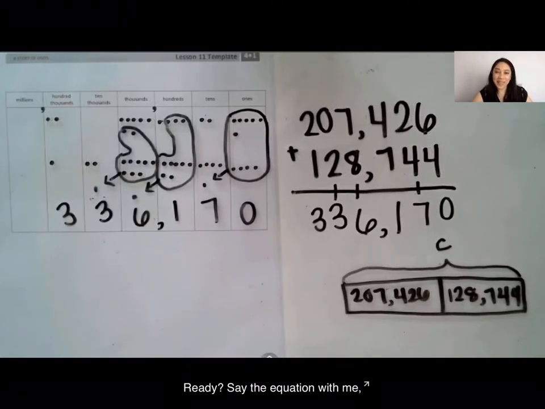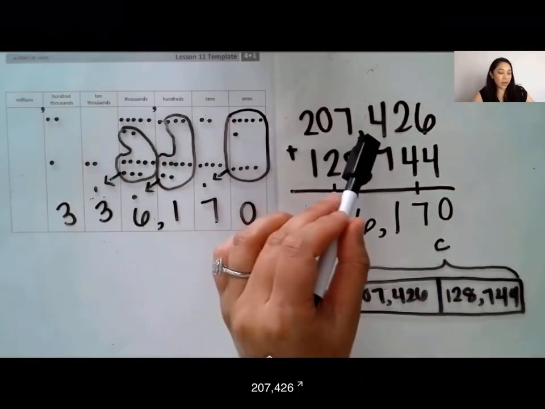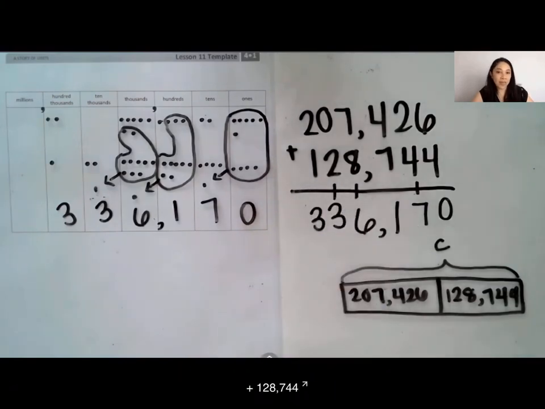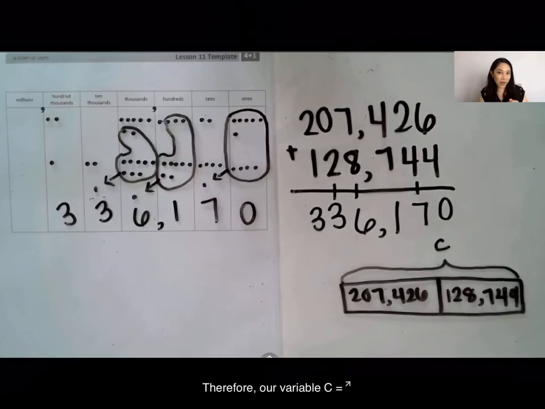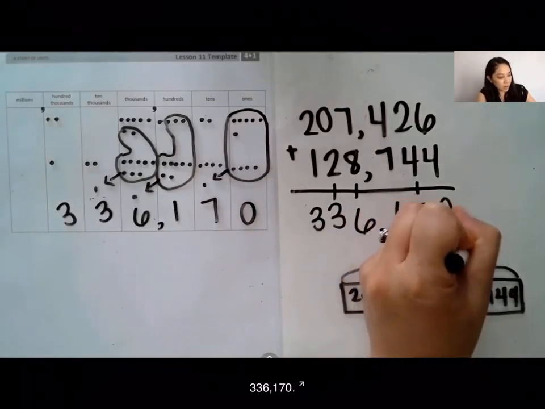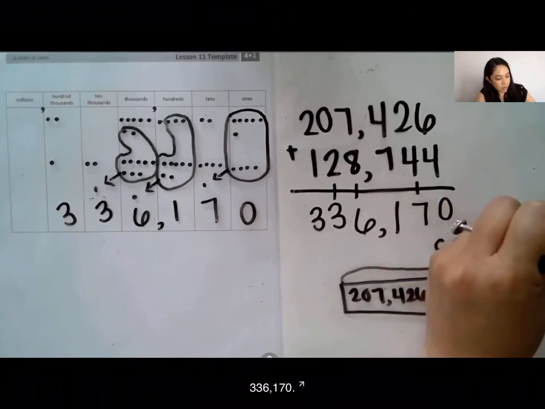Ready? Say the equation with me. 207,426 plus 128,744 equals 336,170. Therefore, our variable C equals 336,170.